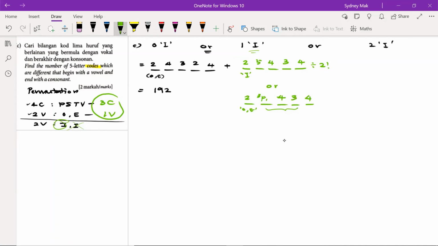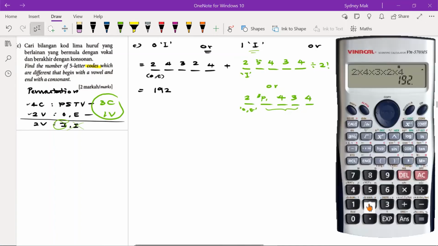We will have 2 times 5 times 4 times 3 times 4, and then divide by 2 factorial. 240 ways.